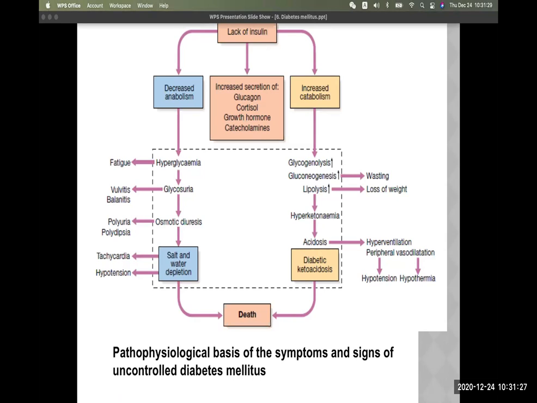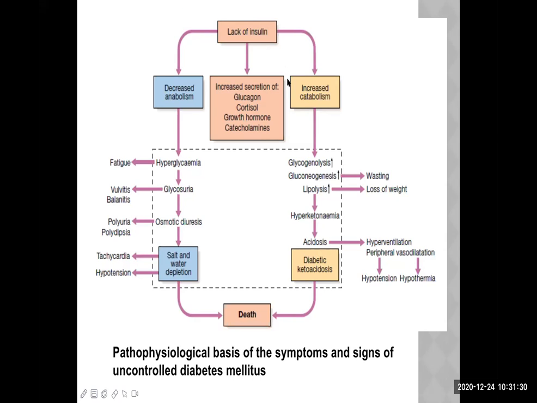What is the definition of diabetes? I want to hear it again from you. What is the definition of diabetes? Anyone? Good. So different types of answers are coming. Okay, very nice.